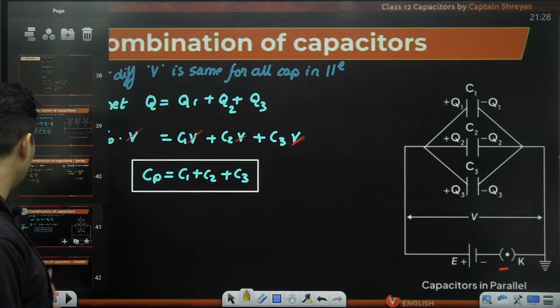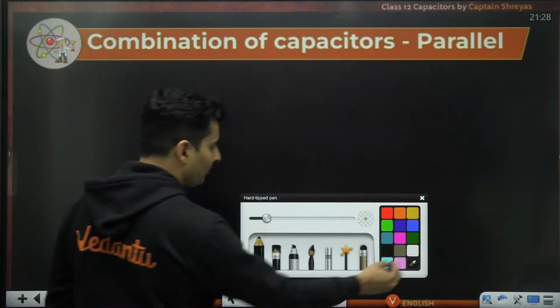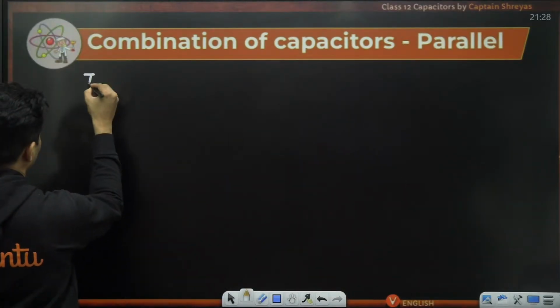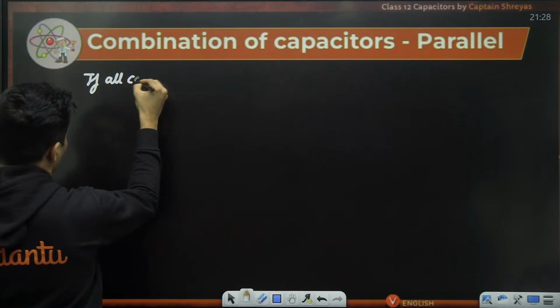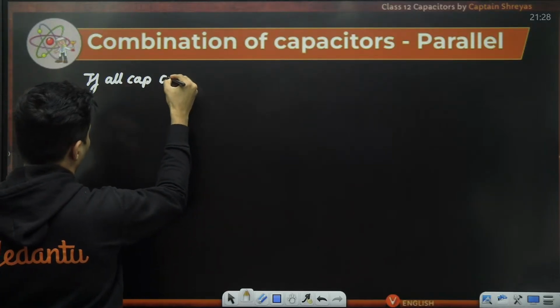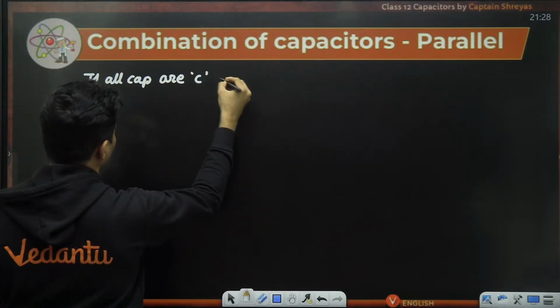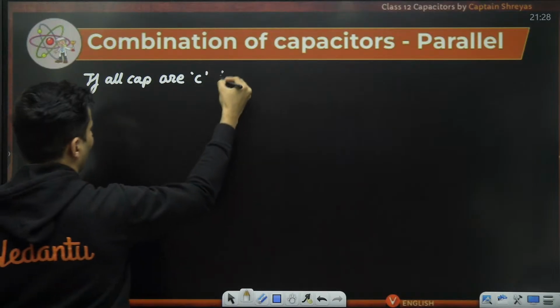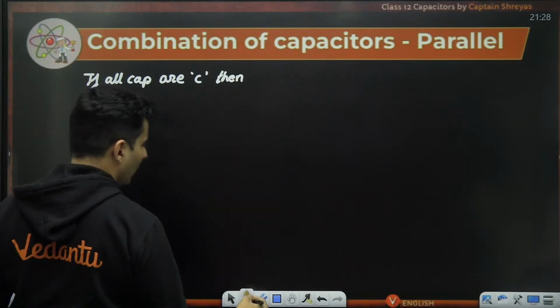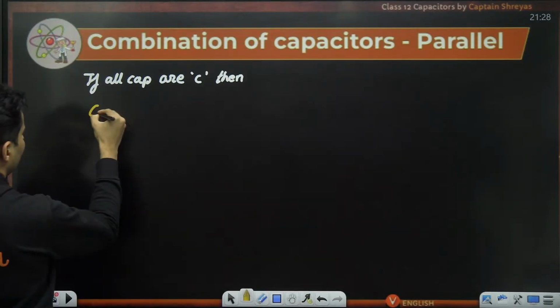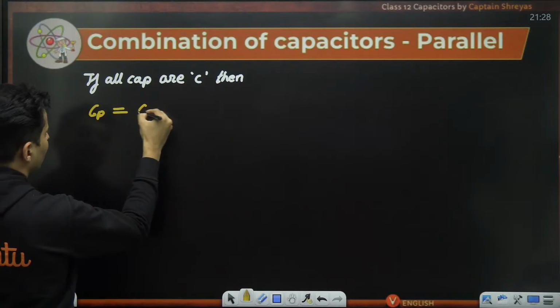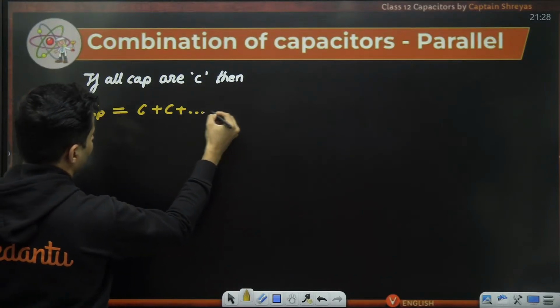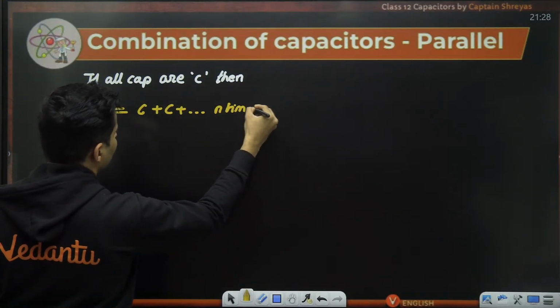In parallel, if you take a special case, if all capacitors are C, then what will happen? The net capacitance will be C plus C plus C, like that, n number of times.